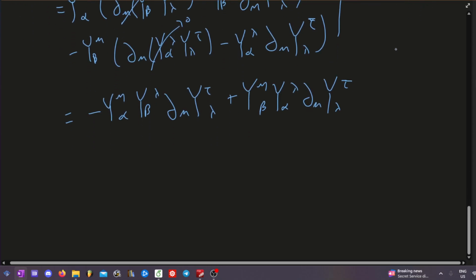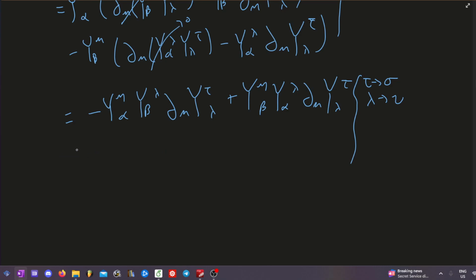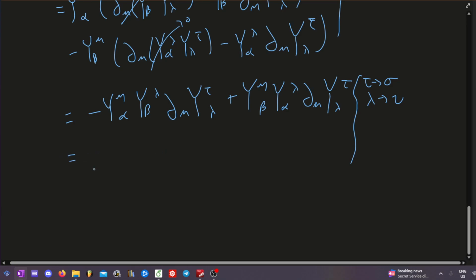So we're going to interchange or rename some variables here again, just to keep things organized. So we're going to call tau sigma now, and lambda nu. So that's going to look like this. Let's also switch the order of the terms now.